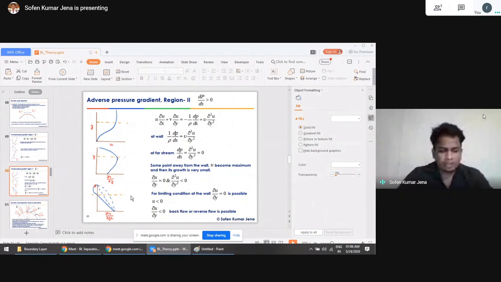If the pressure gradient doesn't have any substantial strength, then it may directly shift from here to here. There may not be any backflow. There may be flow slow down, but not with so much strength that it will make the flow go in the reverse direction. The flow will gradually slow down and come to rest. So the positive del square u by del y square may go from here to here.